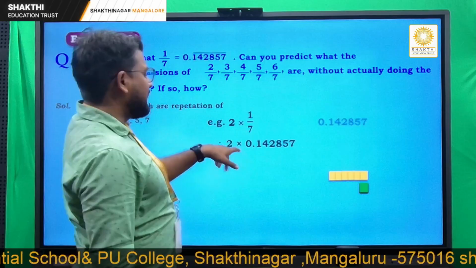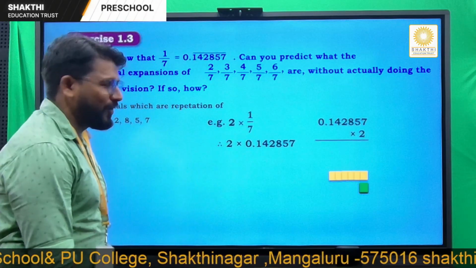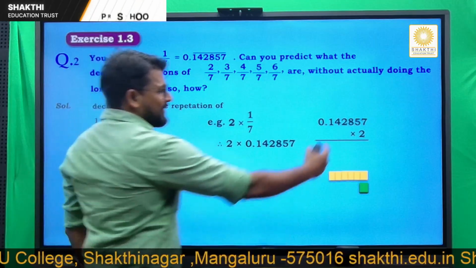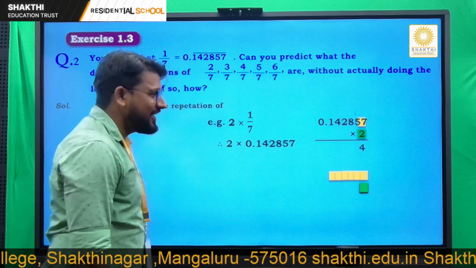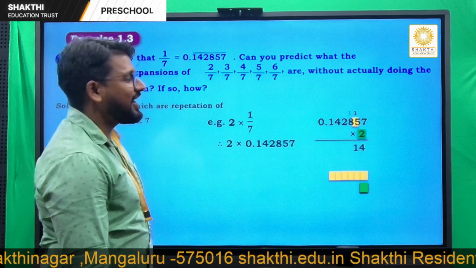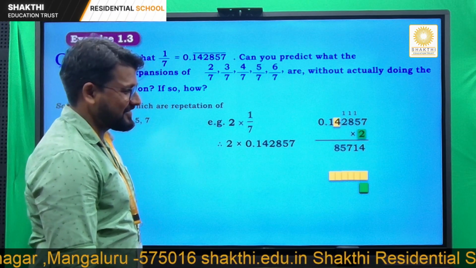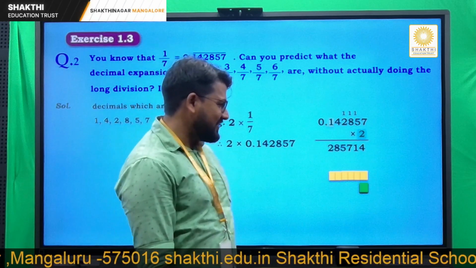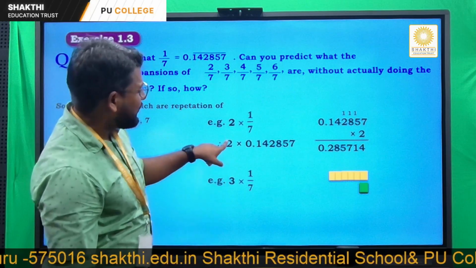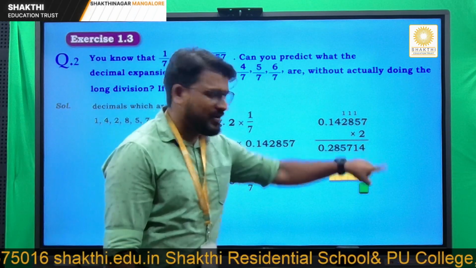So now I'll take that 1 by 7 and multiply it with 2. I hope you all know how to multiply, but still, I'll tell you. 2 sevens are 14 with 1 carry. 2 fives are 10. Let me not waste time on this, it is a very easy calculation. If you multiply these two, this will be your answer.